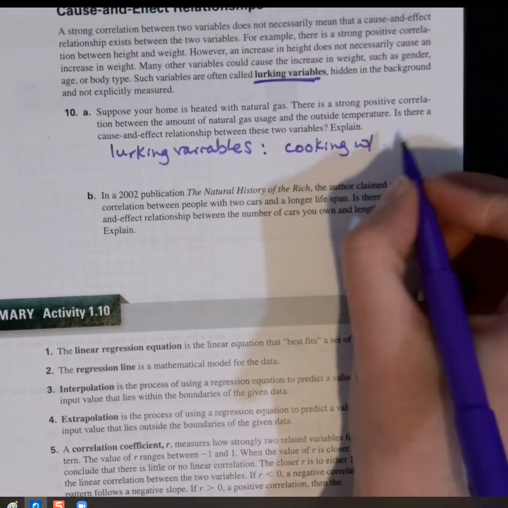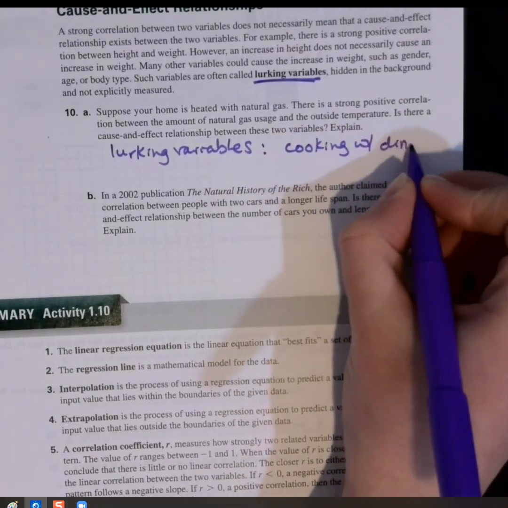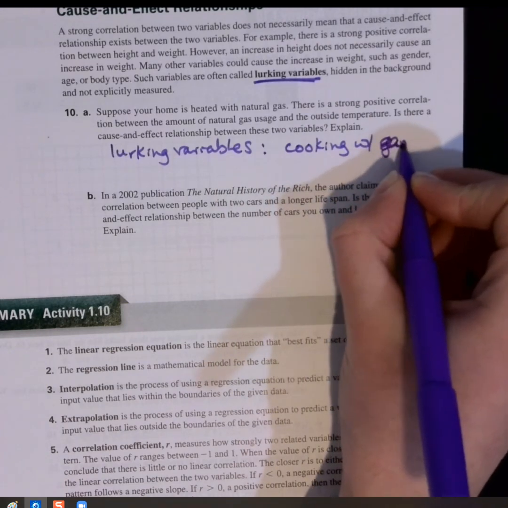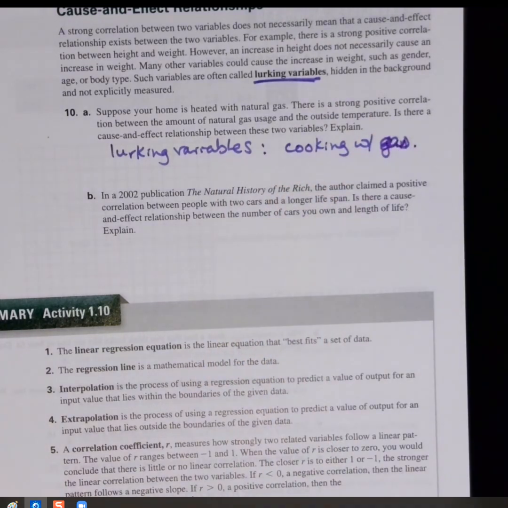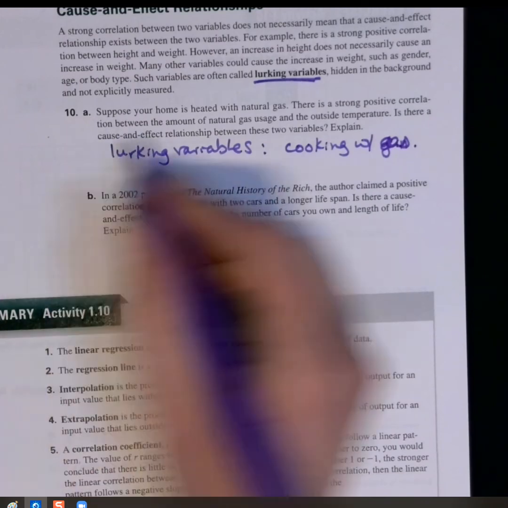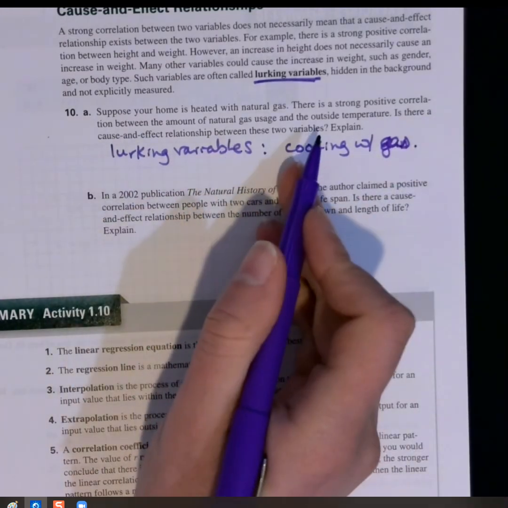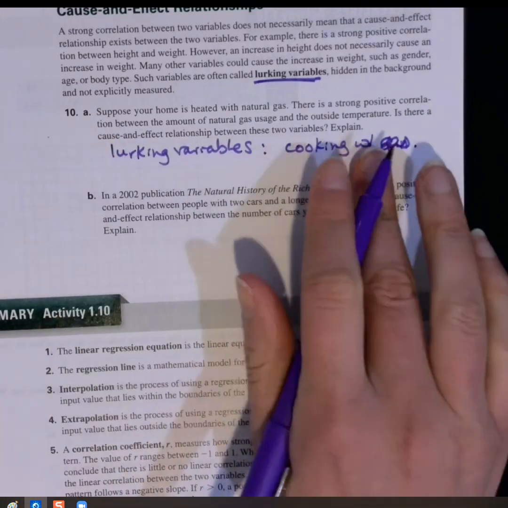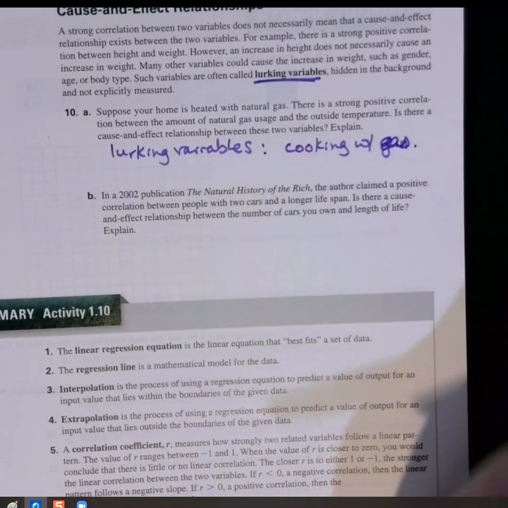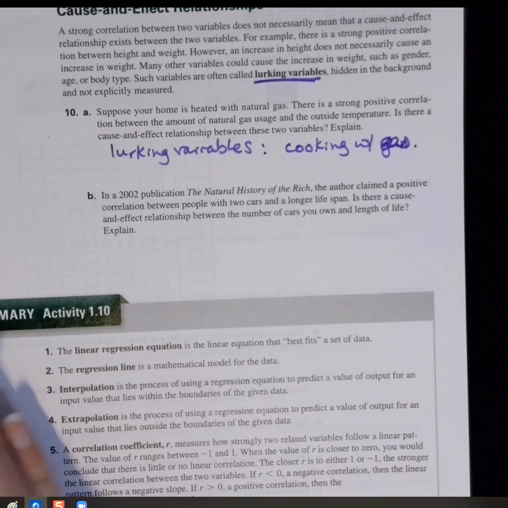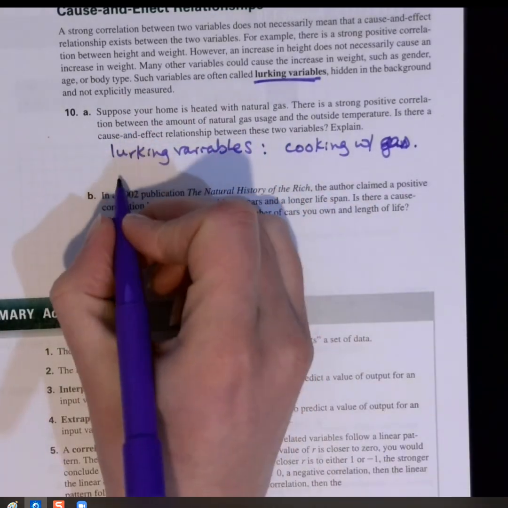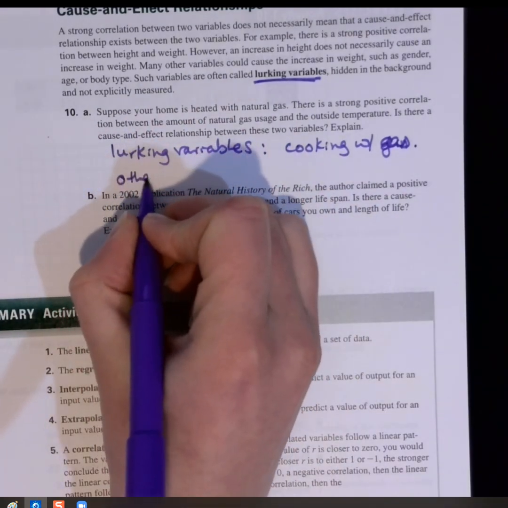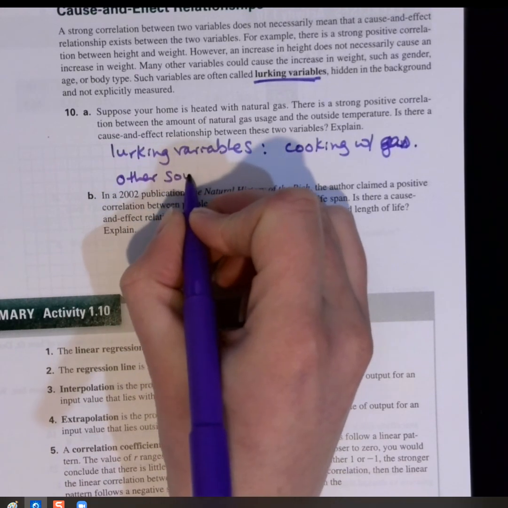Cooking with gas could certainly be an outside influence on the amount of gas. Or what if I have gas for heat, but I also have a fireplace, and so I might not use as much gas in the winter if I'm burning a fire than I might if I was not. So there could be some variability in that. So other sources of heat could also be a factor.